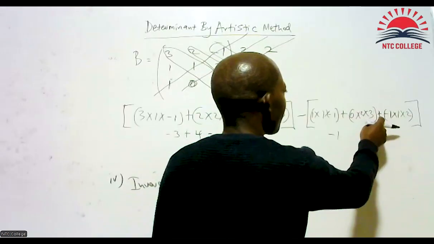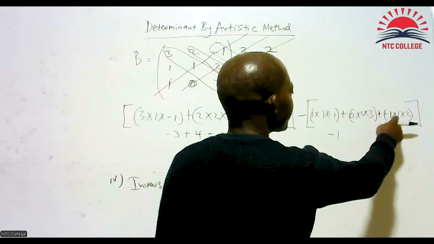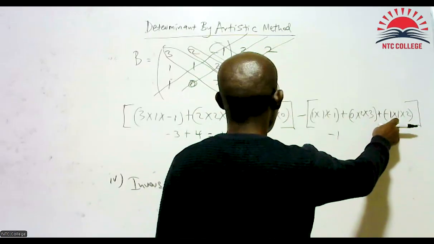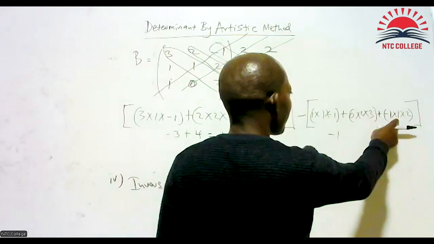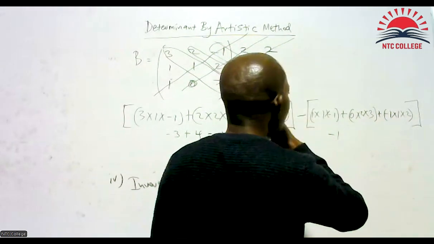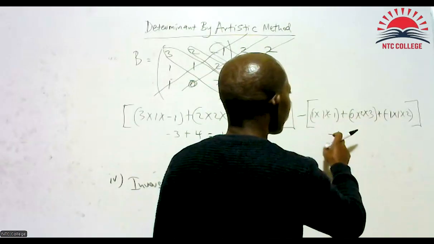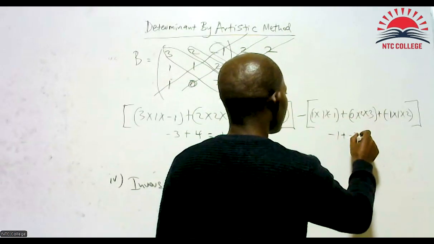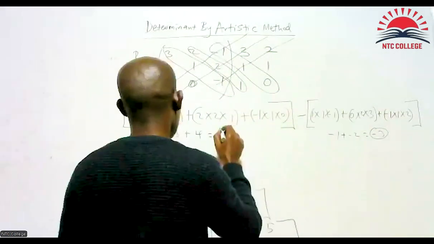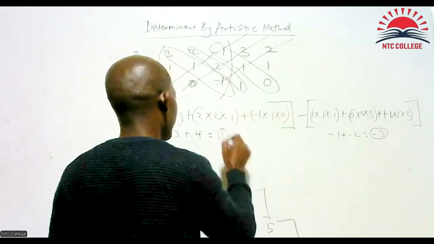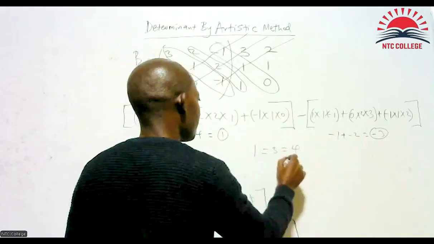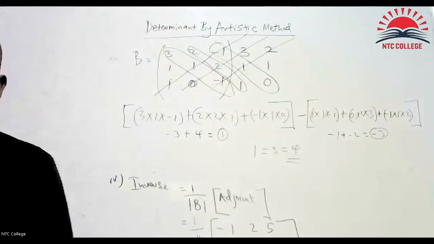Negative 1 plus 1 times 1 is negative 1, negative 2. So what do I have? I have negative 1 plus negative 2, giving me negative 3. Such that this was positive 1. 1 minus minus 3, positive 4 is the determinant.